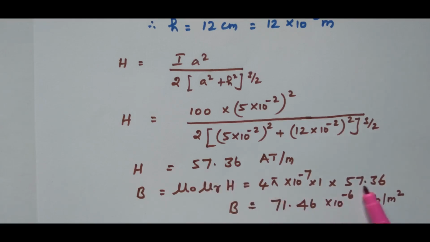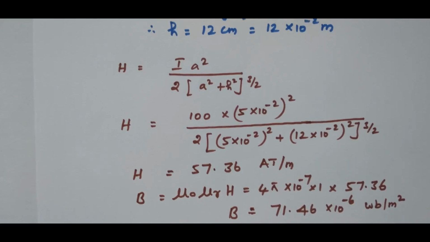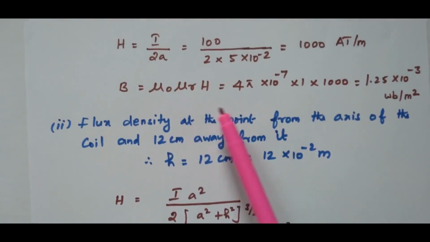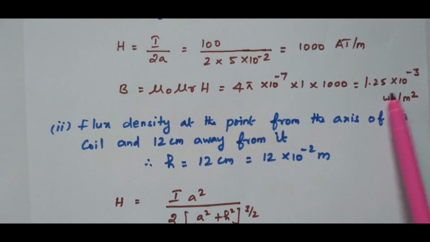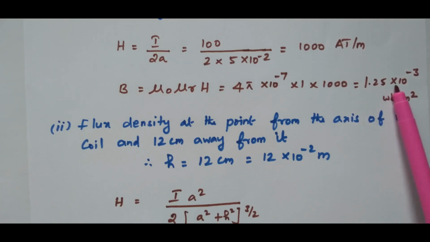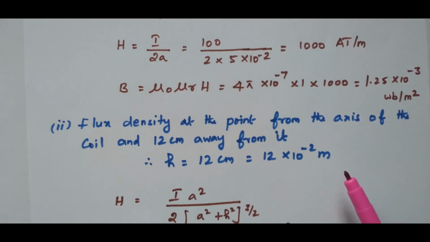So by simplifying this value, what we got? 71.46 into 10 to the power minus 6 Weber per meter square. So this is due to the coil at 12 centimeter height, right? And this one is at the center of the coil, right? We have two divisions, the center of the coil and a height of 12 centimeter.